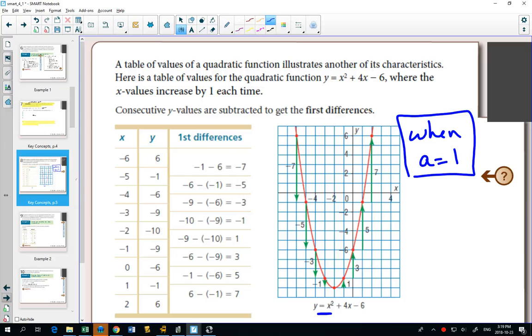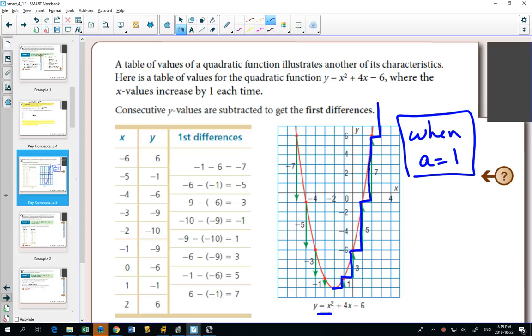When the number in front of the x squared is a 1, parabolas always act this way. They go over 1, up 1. This is your next page at the top of page 254. They go over 1, up 3, then over 1, up 5, then over 1, up 7. If I did it one more time, how many would I go up? 9.